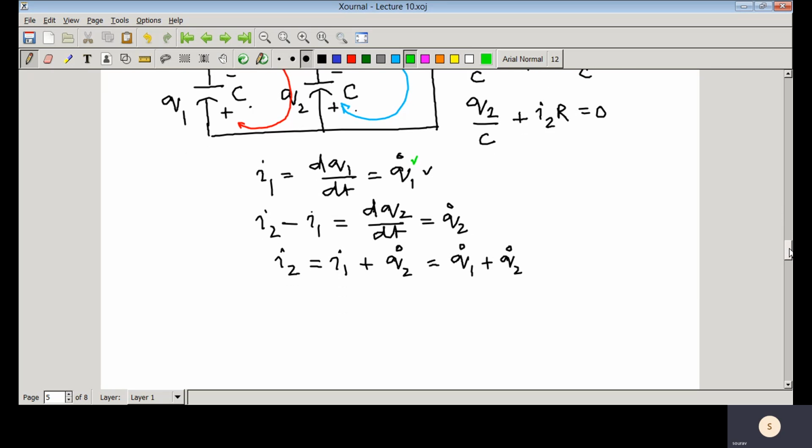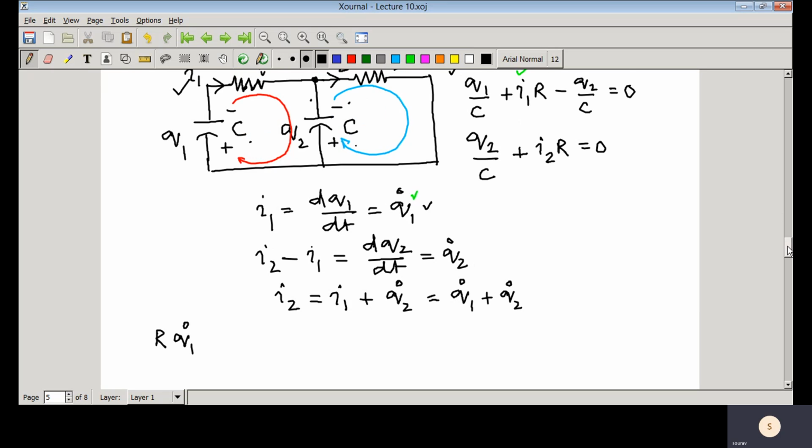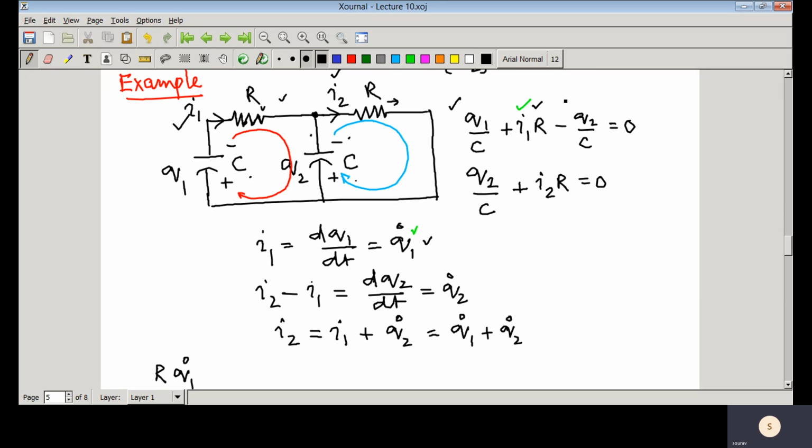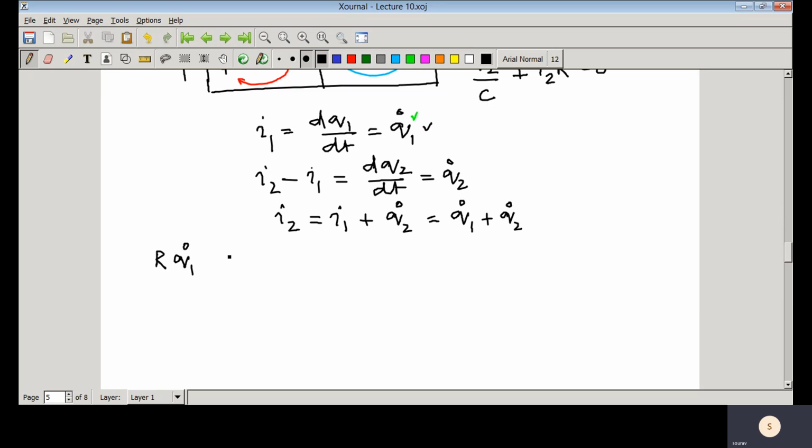So then if I write it here, what I will get is R q1 dot, this term R q1 dot, then I am taking the other terms to the right hand side, that means minus q1 by C and plus q2 by C. So this one equals minus 1 by C q1 plus 1 by C q2. So we have this first equation.